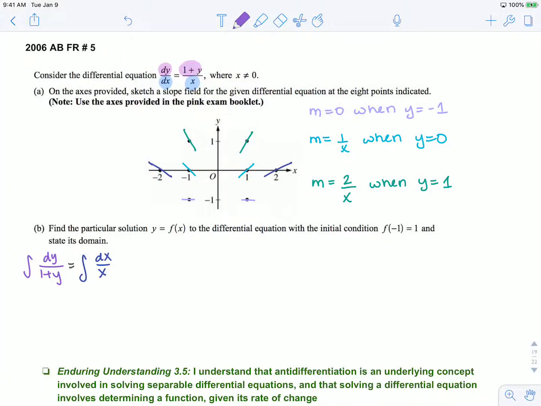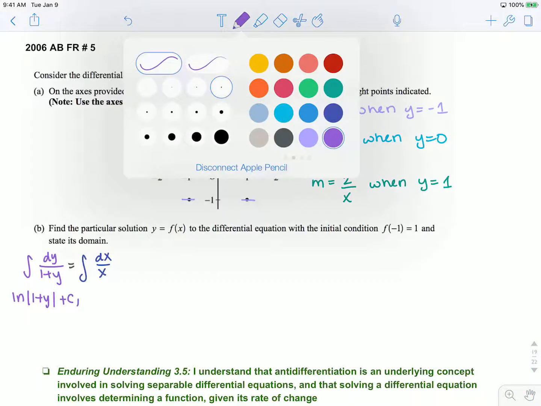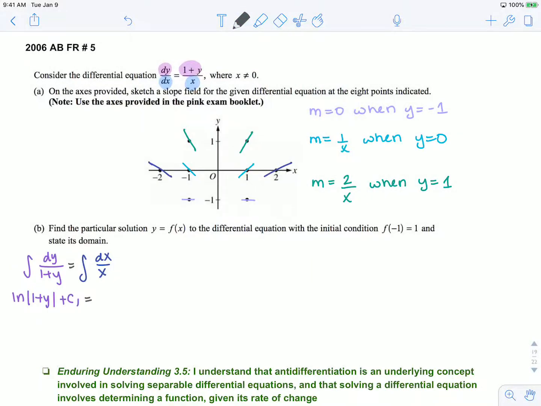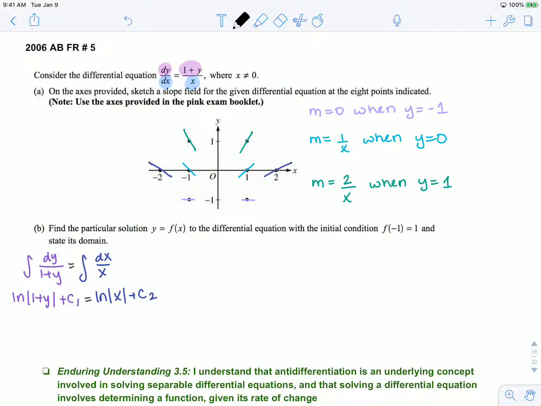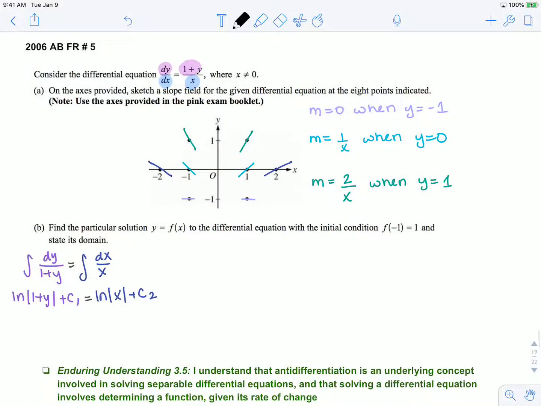So the antiderivative of the left is ln absolute value 1 plus y plus c1 equals ln absolute value of x plus c2. Consolidating our constants, I have ln of the absolute value of 1 plus y equals ln absolute value of x plus c3.